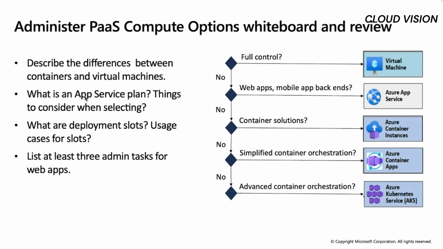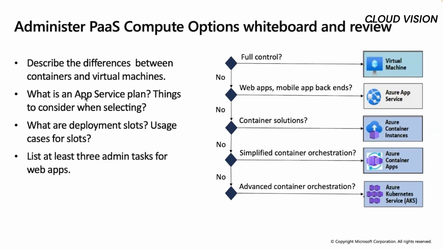How would we describe the difference between containers and virtual machines? The simple answer is that containers provide only lightweight isolation, whereas VMs provide complete isolation. A VM runs the entire operating system, but containers only run the OS services and components that are needed.